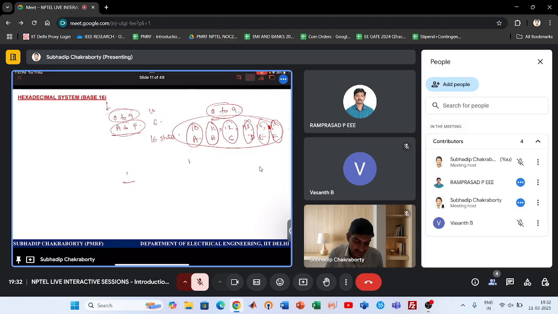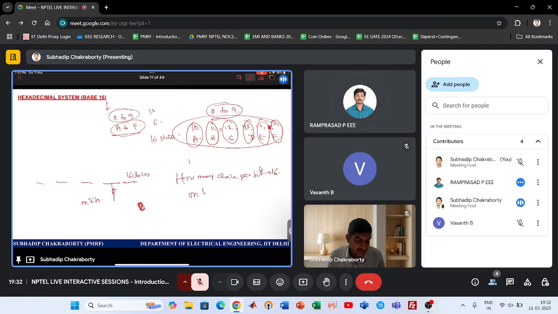Other things, you have 16 choices per placeholder, and accordingly you assign the power of 16. So 16 to the power 0. How many choices per digit? 16.